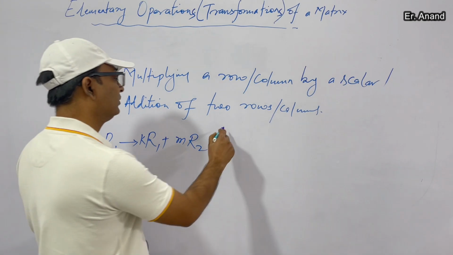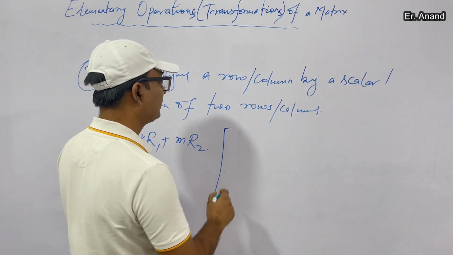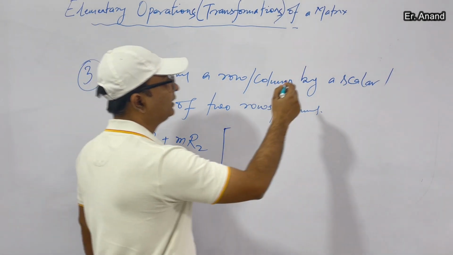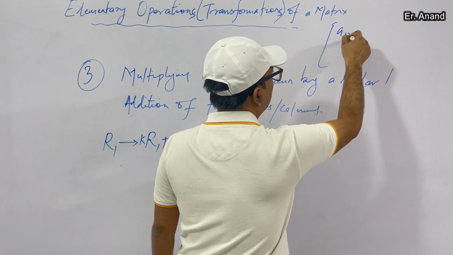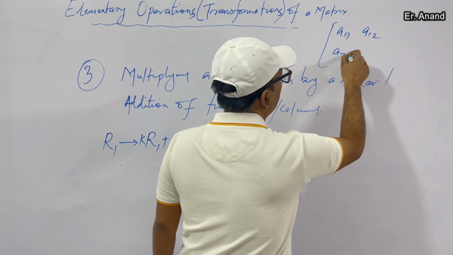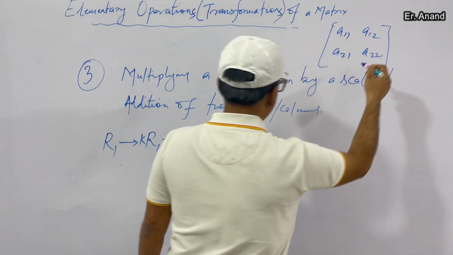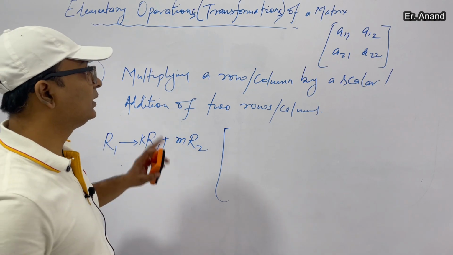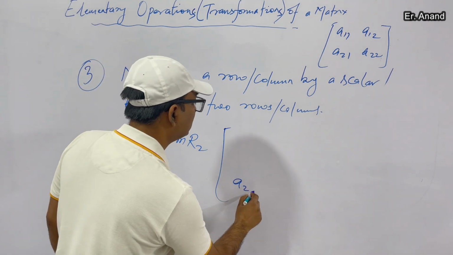So now what will our matrix become? Our matrix was originally A11, A12, A21, A22. We have operation on row 1 only. Row 2 remains the same. This is the first thing to note.